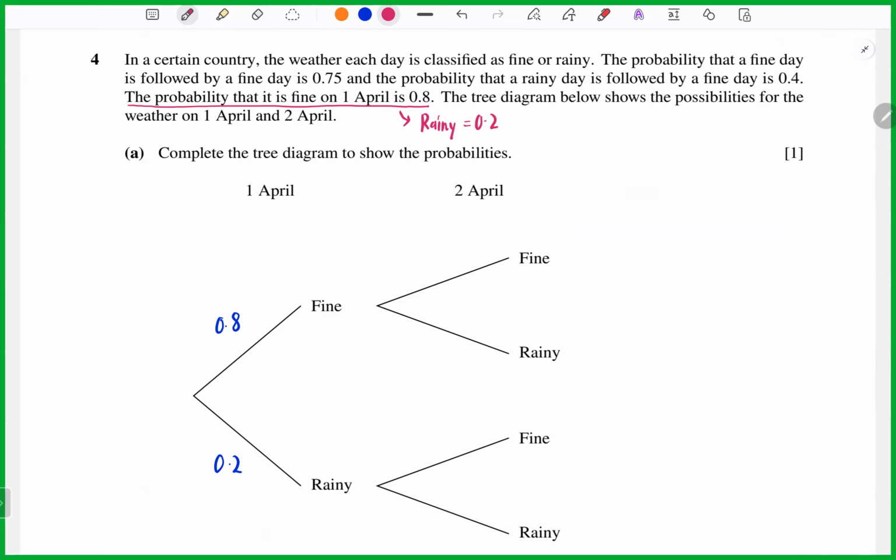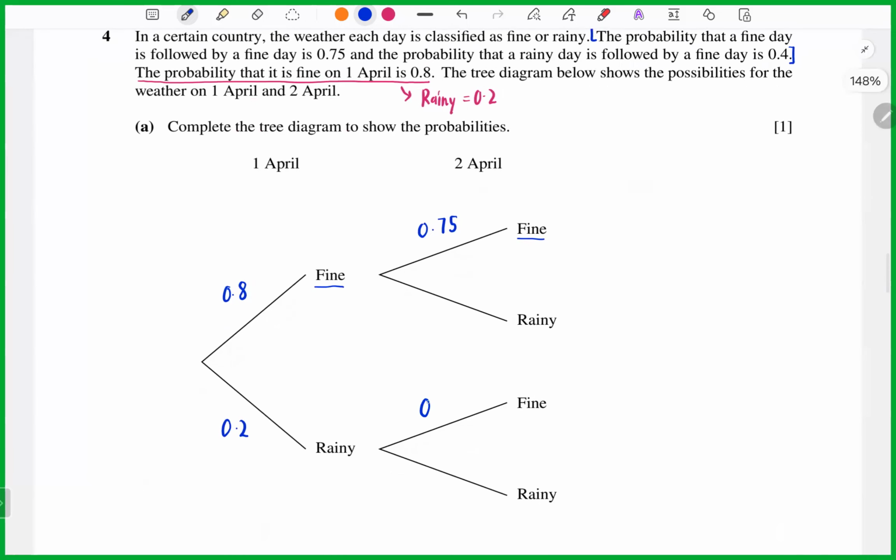Then at the second sentence, the probability of a fine day followed by a fine day means here is fine, so the probability is 0.75. And the probability that a rainy day is followed by a fine day is 0.4.